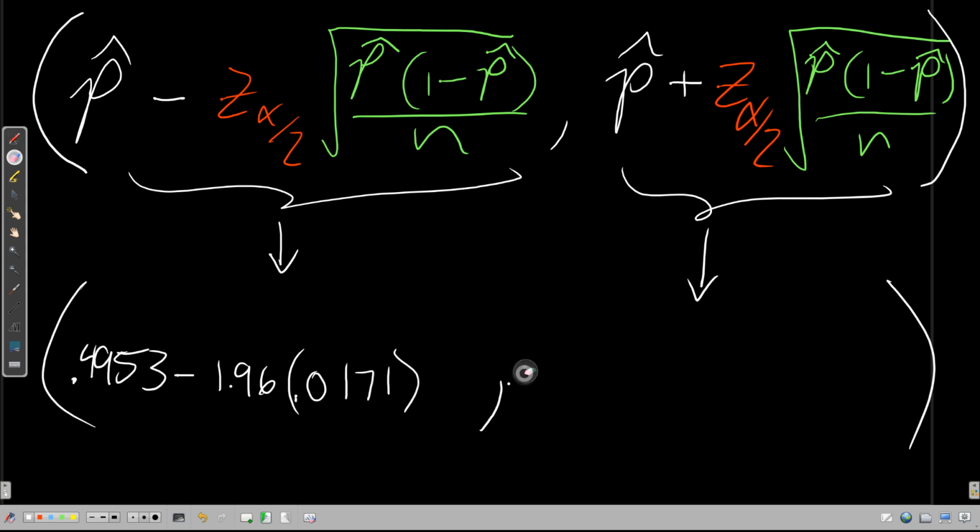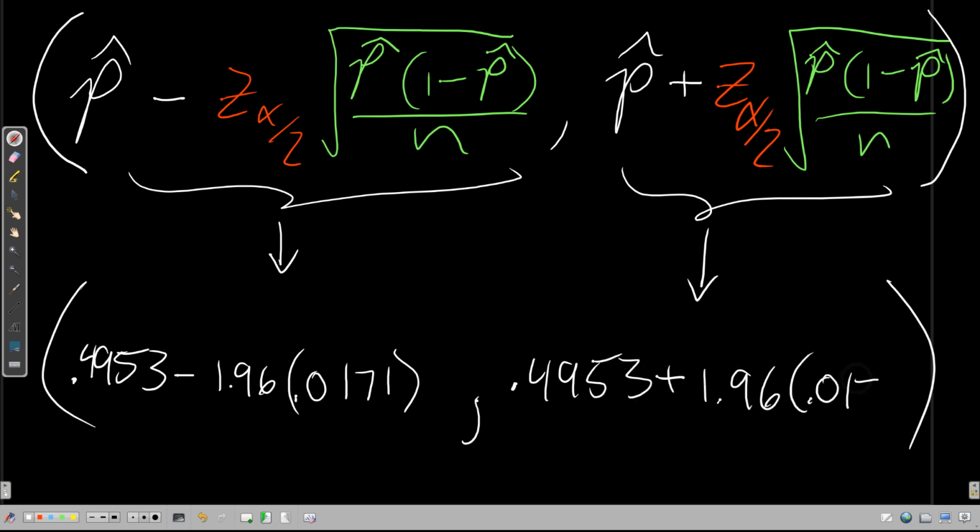And that will be the lower edge, the bottom number for my confidence interval. And the upper one is 0.4953 plus 1.96 times 0.0171.